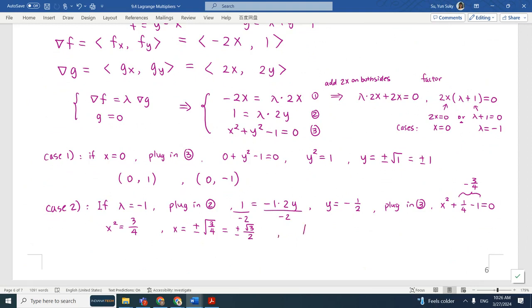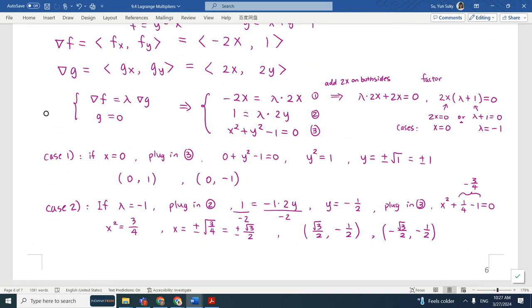So we get x equal to square root of 3 over 2 with y equal to -1/2, and the other point, x equal to negative square root of 3 over 2, and y is also -1/2. So in this case, we also have 2 points.